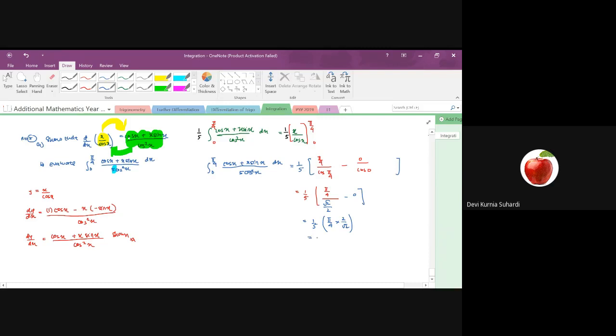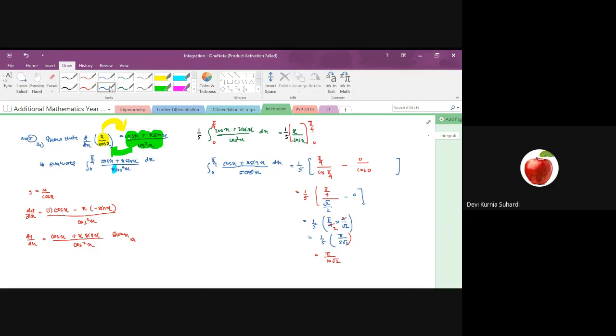Okay, so therefore I get 1 over 5 multiplied with pi over 2 root 2. Okay, so I divide 2 and I divide 2. So pi over 2 root 2. So therefore I get pi over 10 root 2.